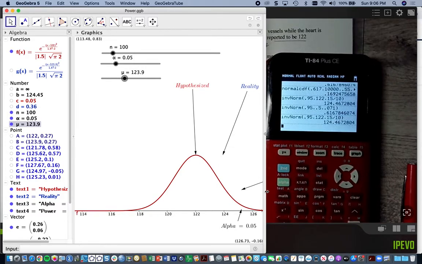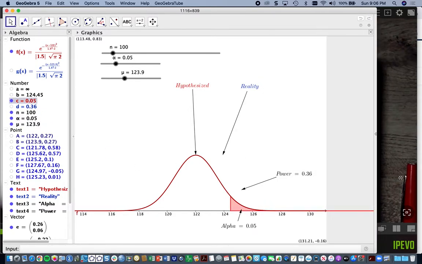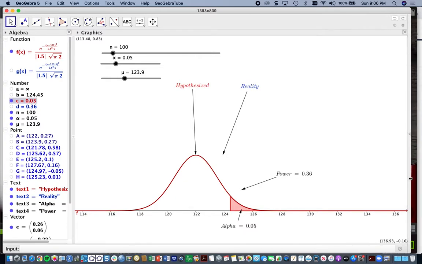It tells me that that value is 124.46. I'm going to display that here by just turning that part on. So that red region is the top 5% of the sampling distribution if the null hypothesis is true.